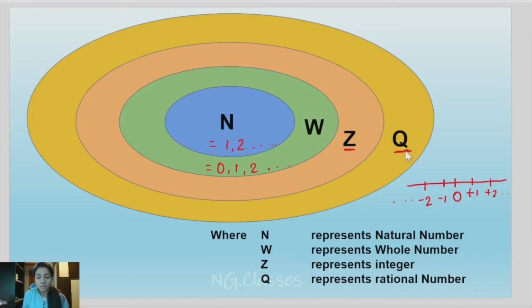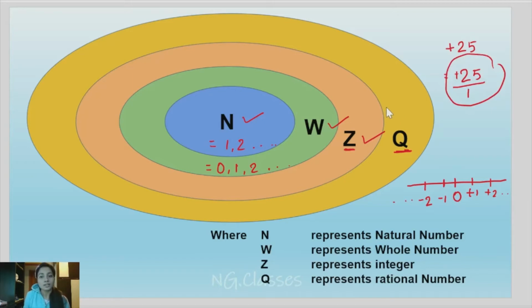Now rational numbers. So rational numbers will include natural numbers, whole numbers as well as integers. Because you know, if I am taking an integer positive 25, we can write it as 25 by 1. So this is a rational number, right?